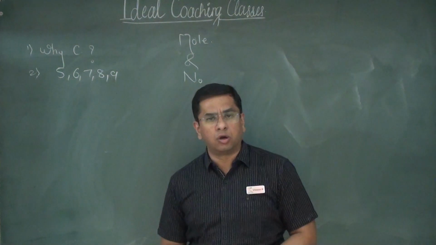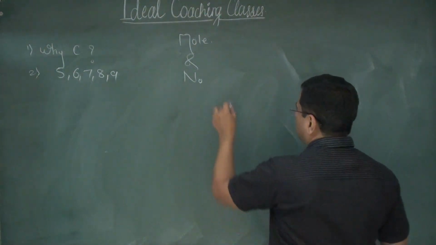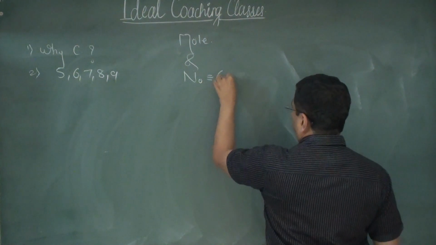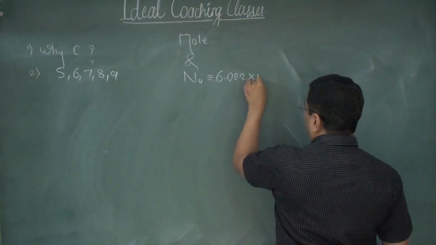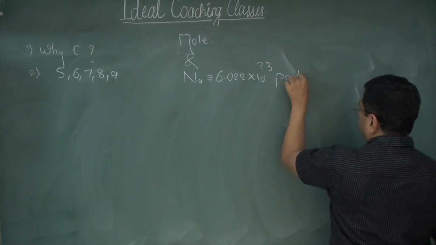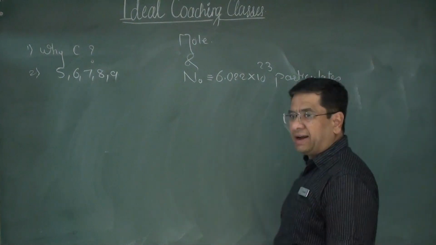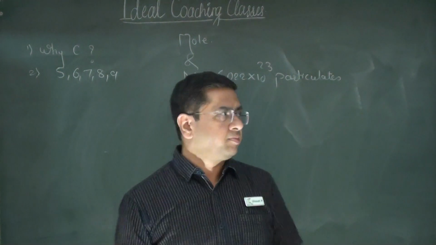It is Avogadro's number. What is Avogadro's number? Avogadro's number is 6.022 into 10 raised to 23. I'll call it particulates, because it can be atoms or it can be molecules, anything.